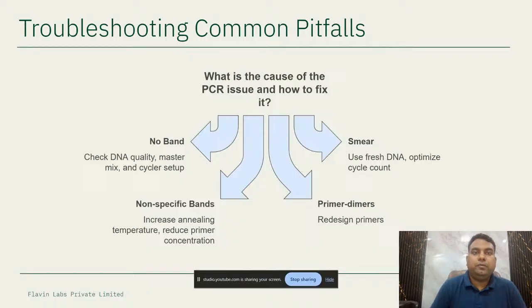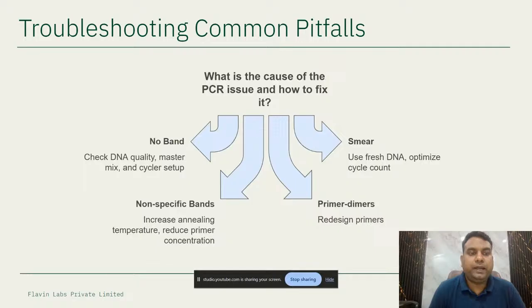So whenever you do PCR, sometimes we don't get a result, and it makes us ponder where we went wrong. These are the common issues that we can solve just by thinking and reasoning.